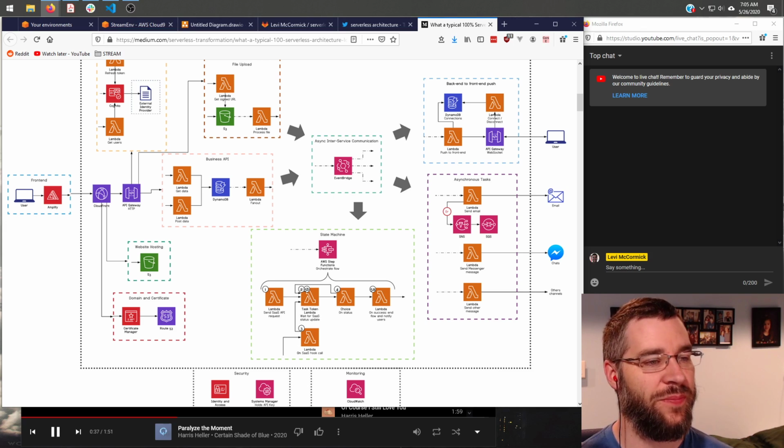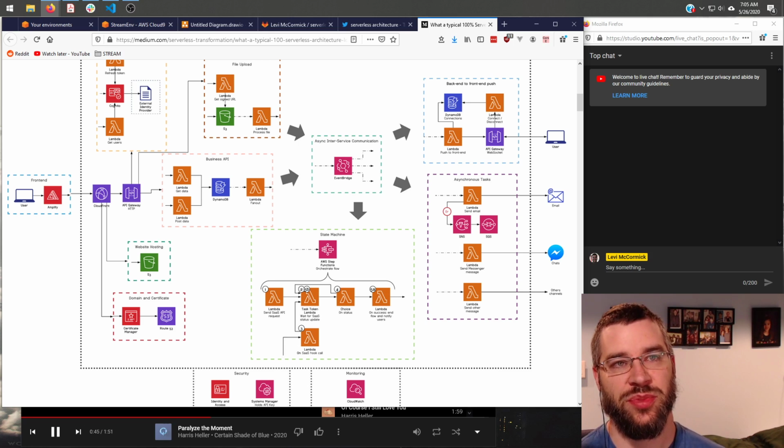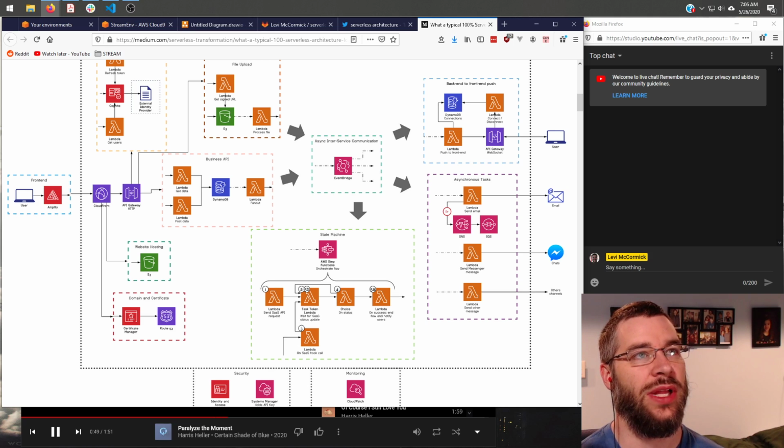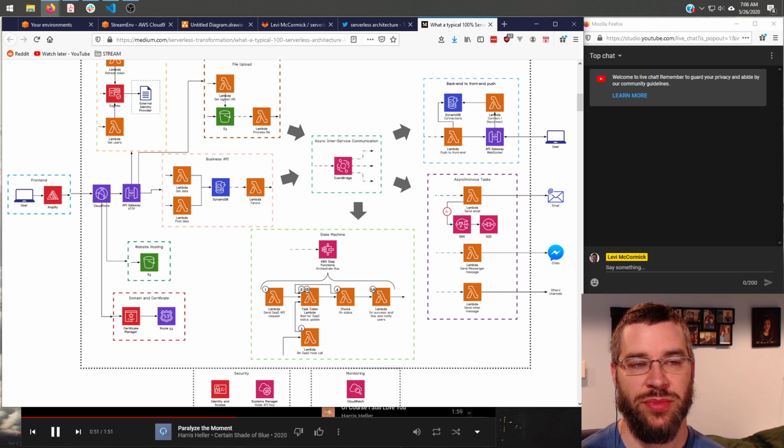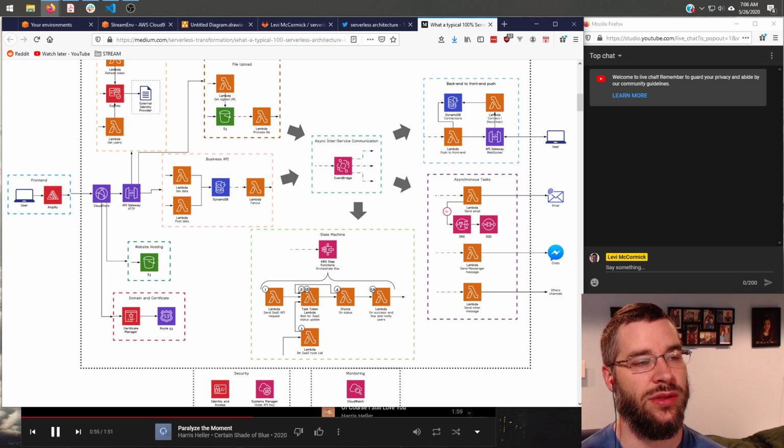This is what blew up over the weekend, and there were two camps of people talking about the complexity. A really common theme I saw was people asking, how is this supposed to be more simple than a more traditional data center hosted application?